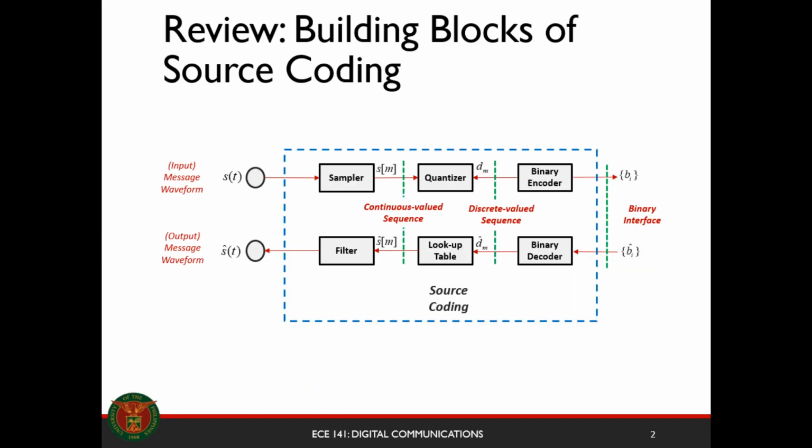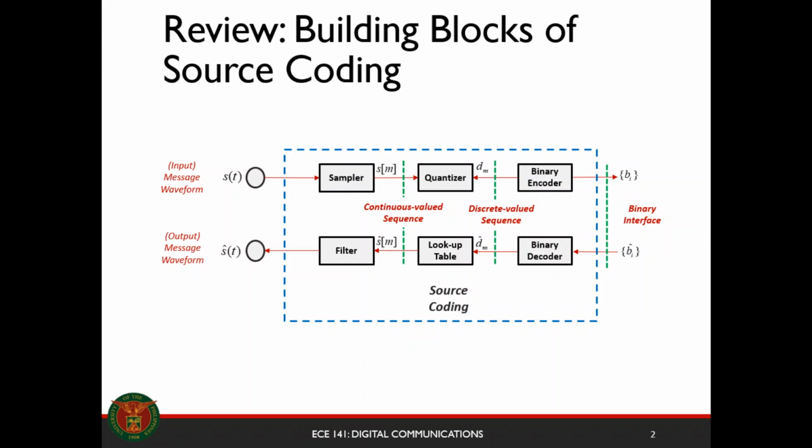Recall first the building blocks of our source coding. Basically, how do we represent our analog waveform into digital? It is through a three-step process: sampling, quantizing, and encoding.